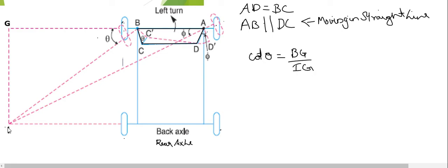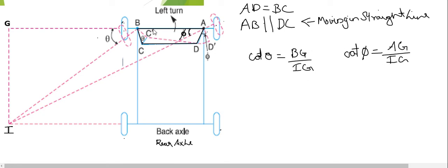This is I. Similarly, if you take cot of phi, that is this angle phi, cot of phi will be equal to AG over IG.